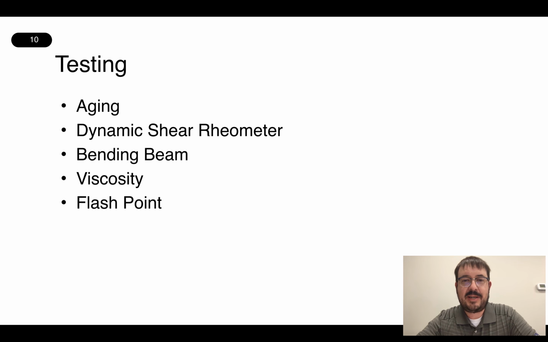We'll talk about the dynamic shear rheometer, which is used to measure stiffness. We'll talk about the bending beam, which is used to understand low temperature properties. We're going to talk about viscosity, which is important for storage and handling. And we're going to talk about flash point, which is a critical safety measure of the asphalt binder.